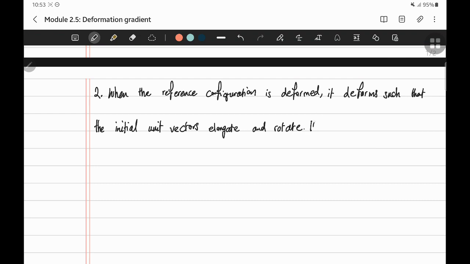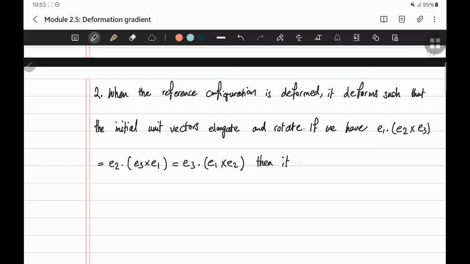If we have E1 dot, for example, E2 cross E3, which is equal to E2 dot E3 cross E1, which is equal to E3 dot E1 cross E2, then it remains the same in the current configuration.